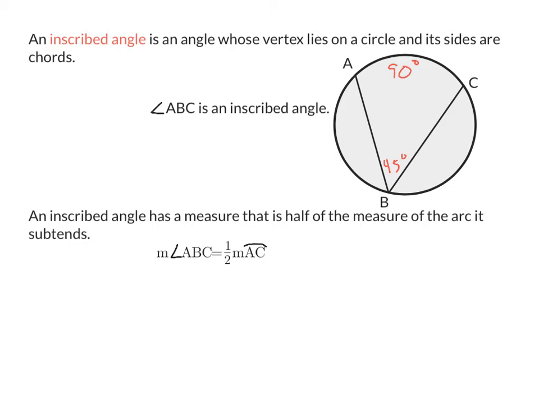The reason why we know this is true: if I have a circle here and I build an inscribed angle and continue to make that inscribed angle a little bit bigger each time, that angle is trending towards becoming a straight line.